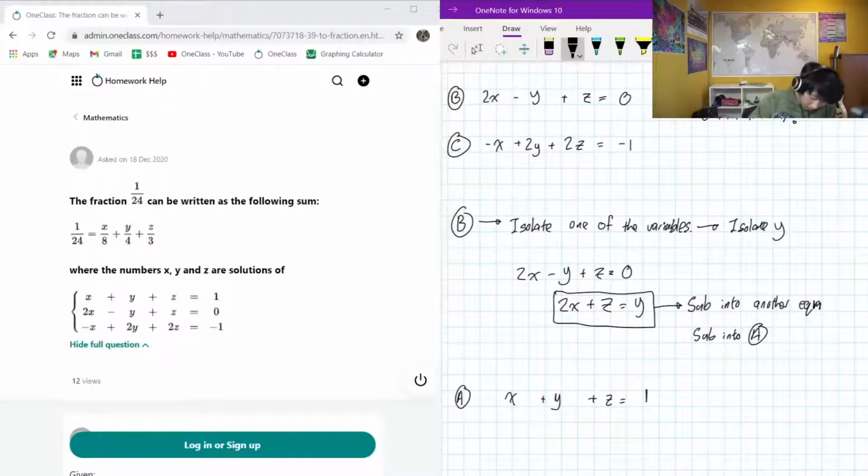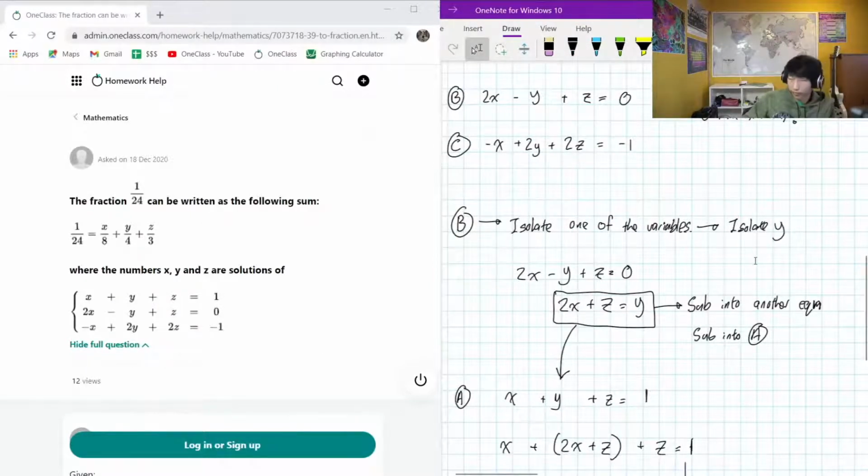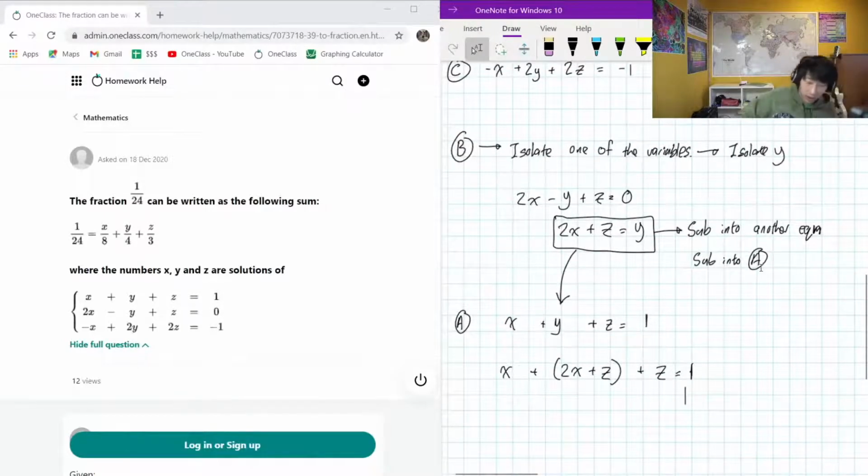Okay, so this y we're going to replace with this. So it's going to be x plus, instead of y, we know that 2x plus z is equal to y, and that is plus z itself is equal to positive 1. Okay, so that's all cool. So let's simplify. So we have 3x plus 2z is equal to 1.